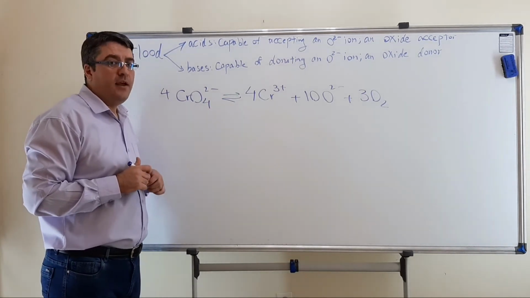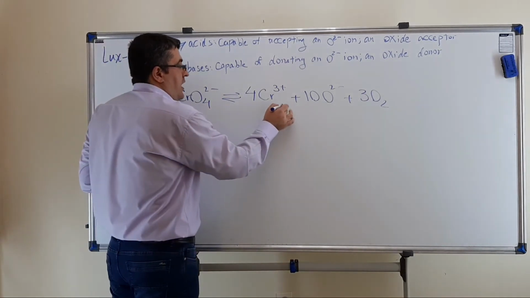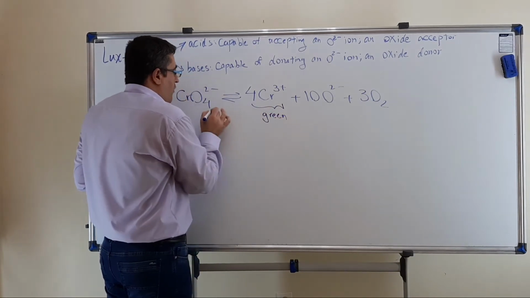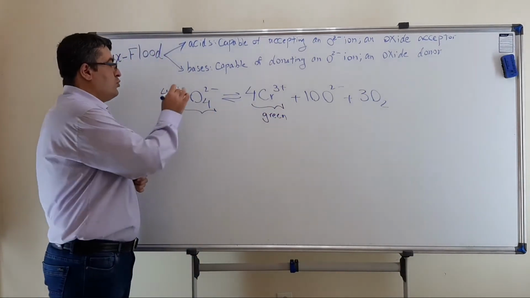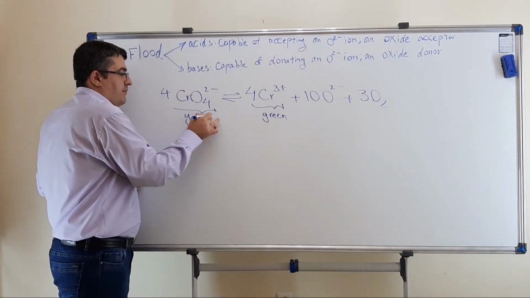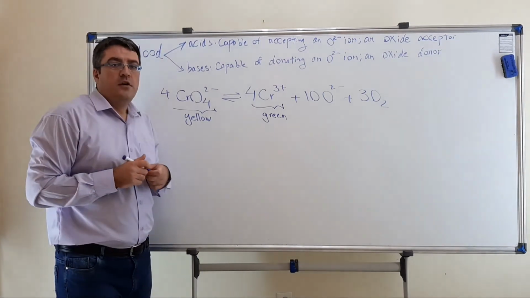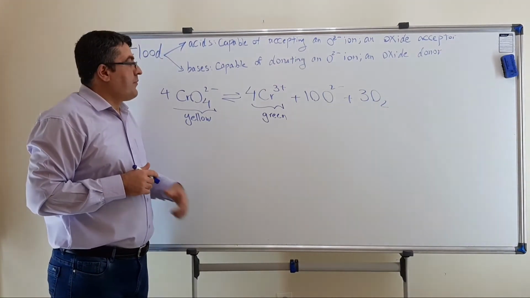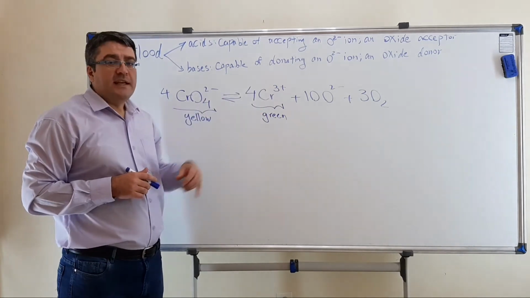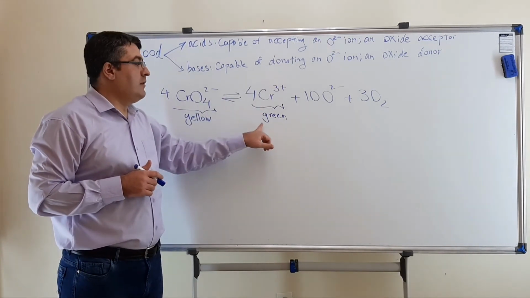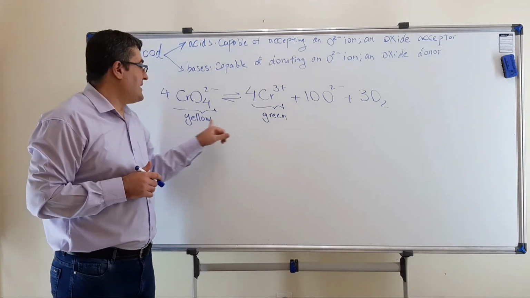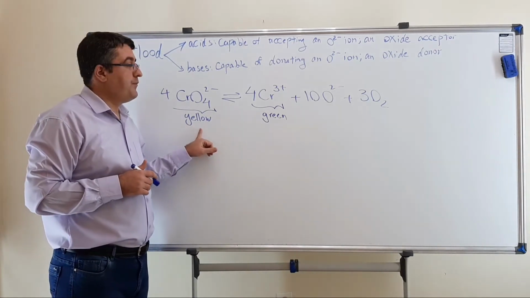After cooling, Cr3+ makes glass green, while CrO4 2- makes glass yellow. So we see that in the case of an acidic glass, the color will be green, while in the case of a basic glass, the color will be yellow.